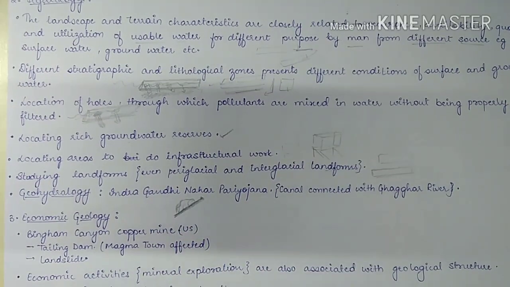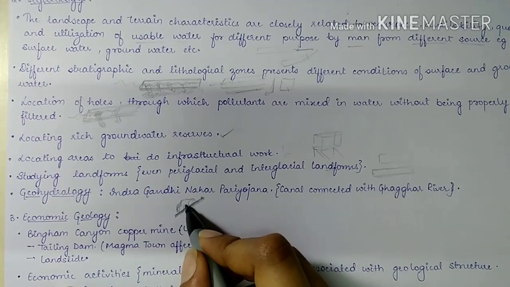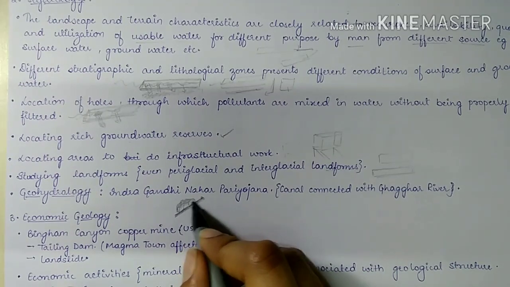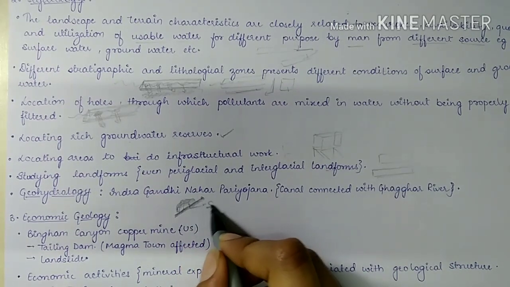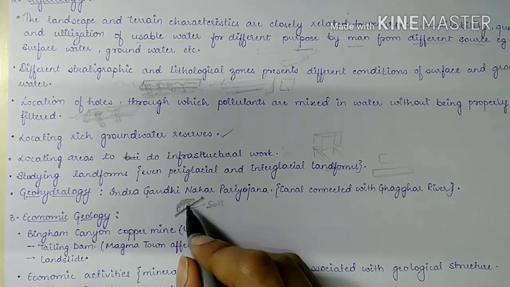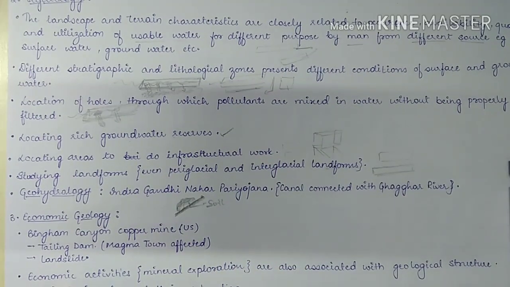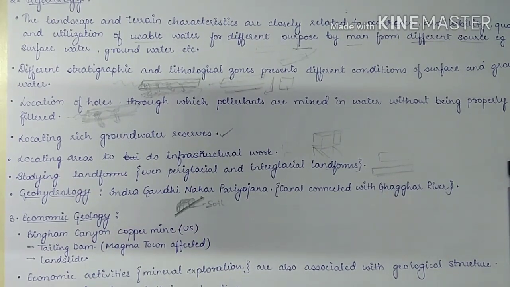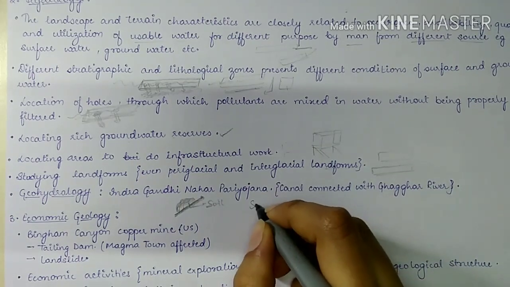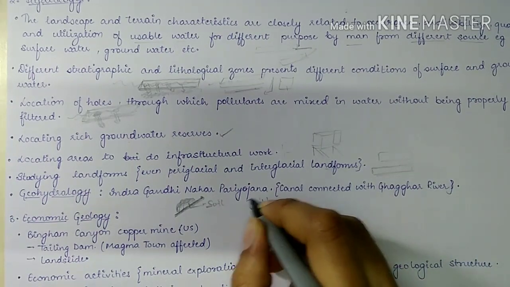But what happened was that they didn't look into the type or quality of the soil. For a few years this project was successful, but later, due to waterlogging, the land became more salty, and the salty land became infertile for any vegetation to grow.